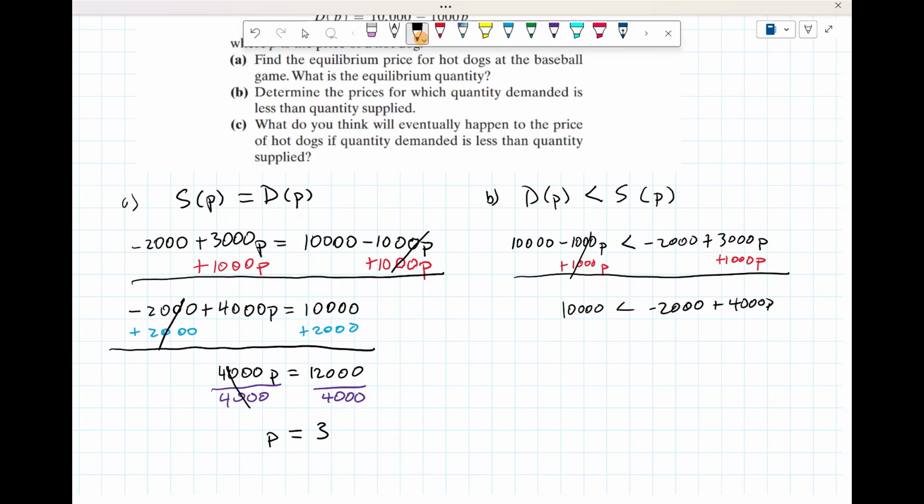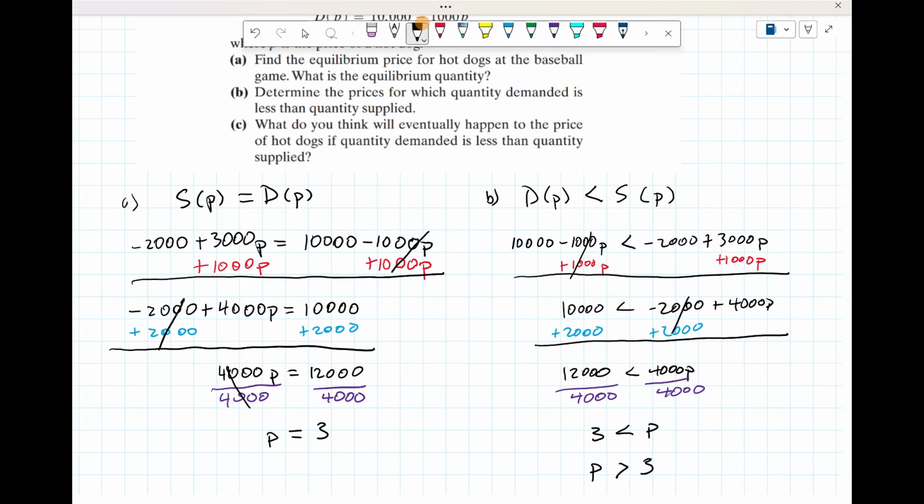And again, here we're going to add that 2,000. And at the end, we divide by 4,000. And we end up with 3 is less than P, or that's the same as P is greater than 3.